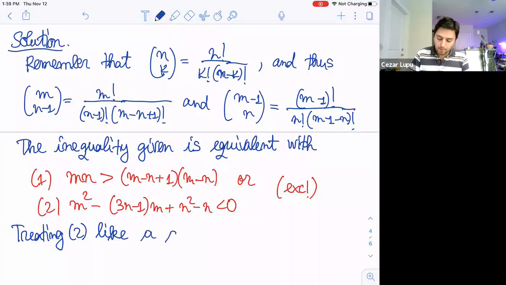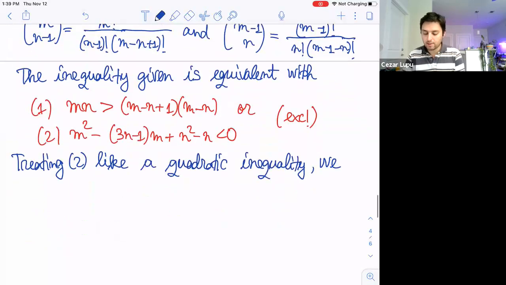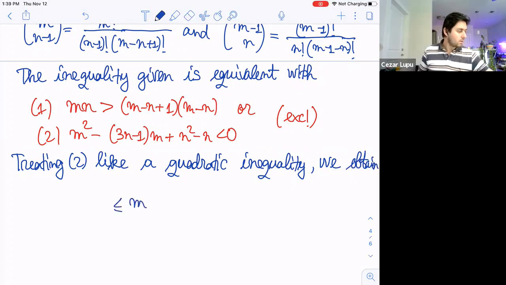By treating this like a quadratic inequality, we obtain that m will be between these two roots. I computed them somewhere.